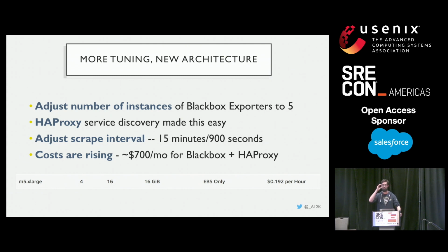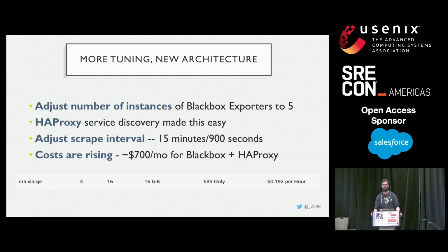We adjusted the scrape interval significantly, from 3 or 5 minutes to 15 to 30 minutes, because really, we just need to know if the service is down. We don't need to know that it's down for immediate failover. We need to know that it's down so we can step in, take a look, and decide whether to engage on something, whether to contact the agency and say, hey, your site's down, this critical app is down, we can help. But this also caused costs to rise.